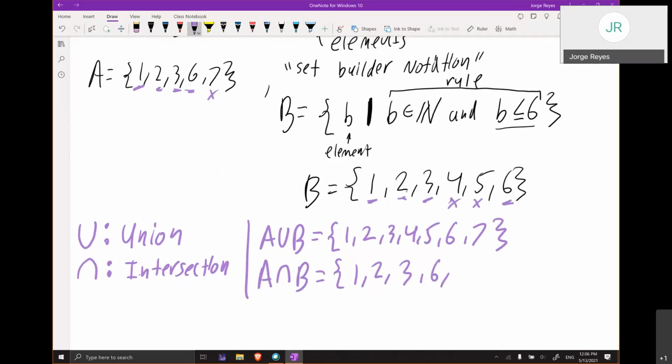And B doesn't have 7, so we stop. So that is A intersect B. What they have in common. Not a huge deal.